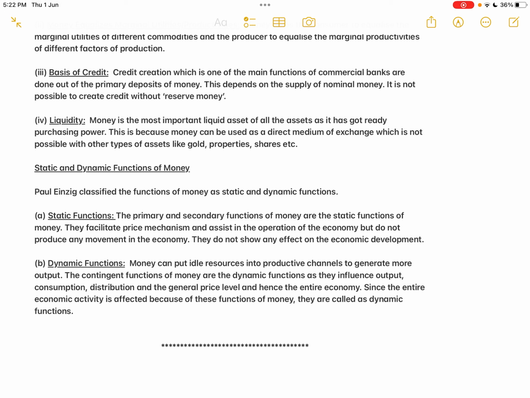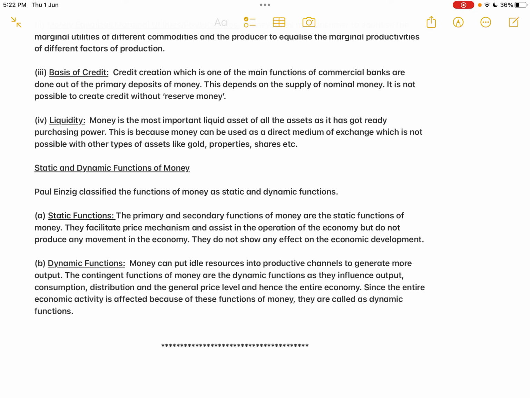But the dynamic functions of money help to boost the economy. The economic activity of the country will be boosted because of those certain functions of money. So money can direct the savings. If money acts as a store of value, that is one of the secondary functions of money, which is a static function.